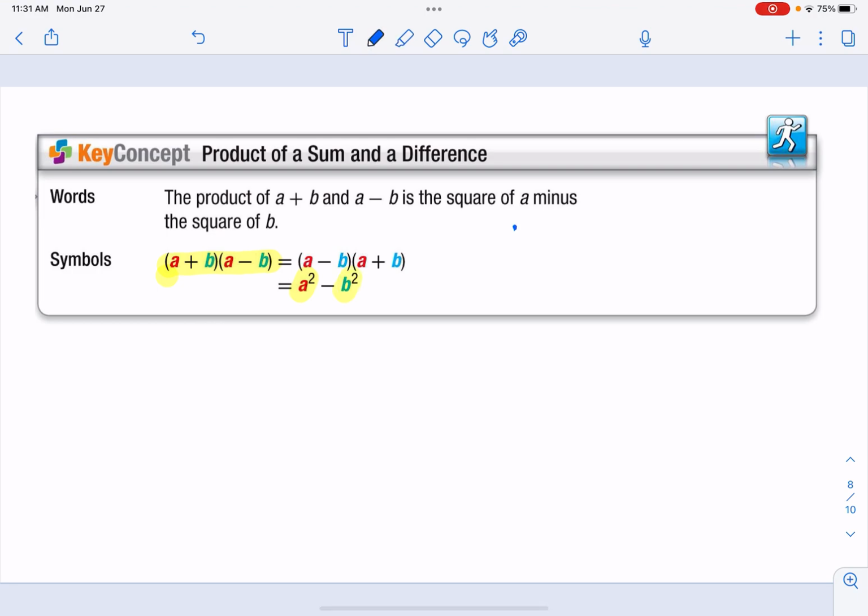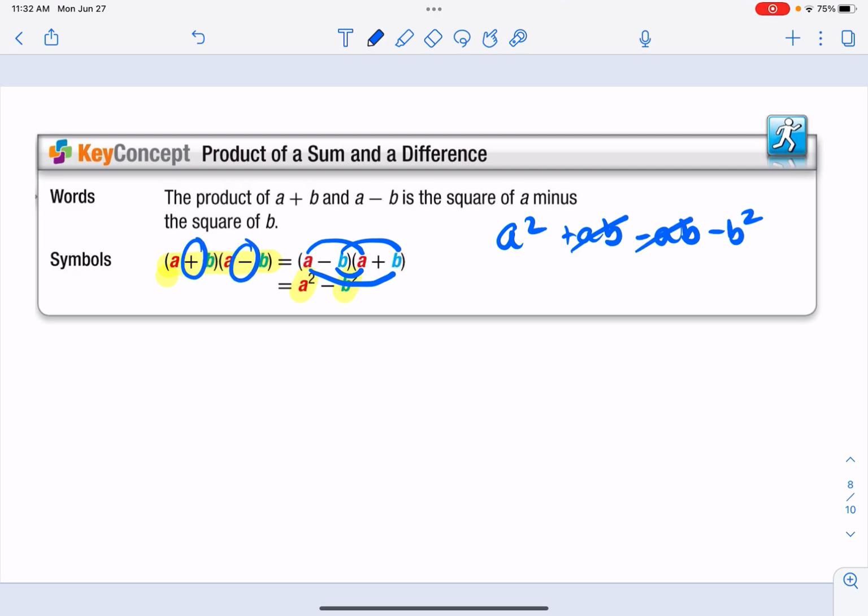If I were to FOIL this out, first terms together, I get a squared. Outer terms together, I get a plus ab. Here I have a minus ab. And lastly, I have a minus b squared. Those middle terms go away. So if you have the opposite sign and the same term starting, it makes your life really easy.